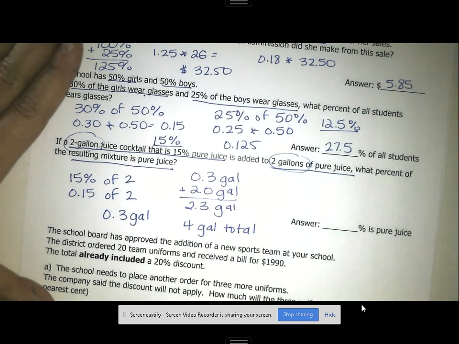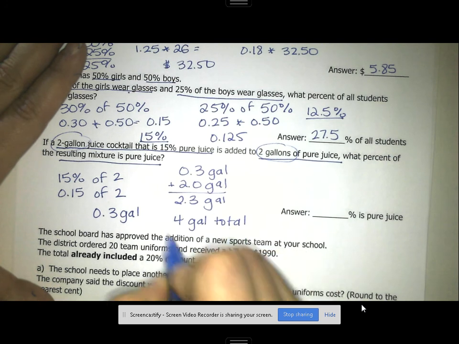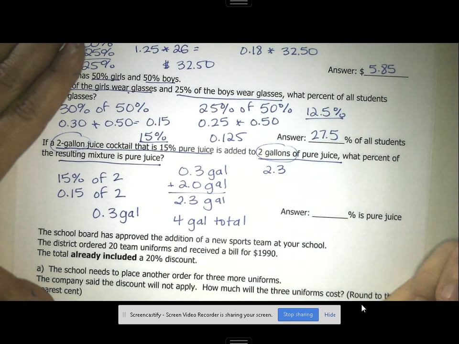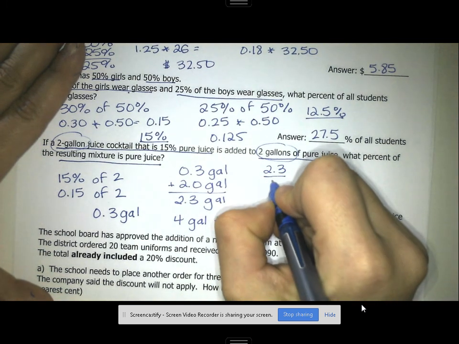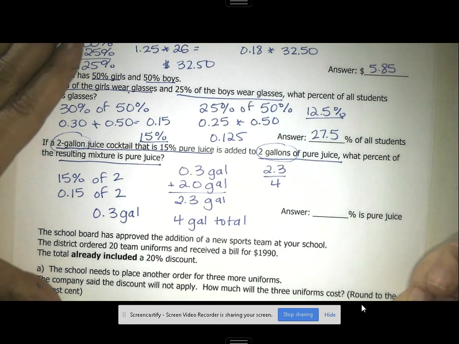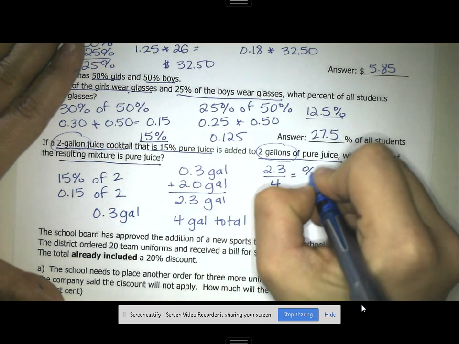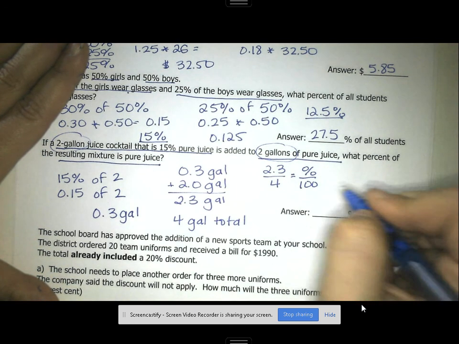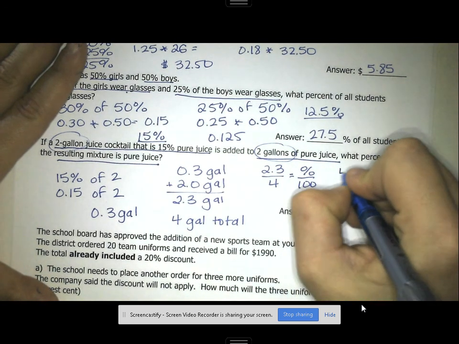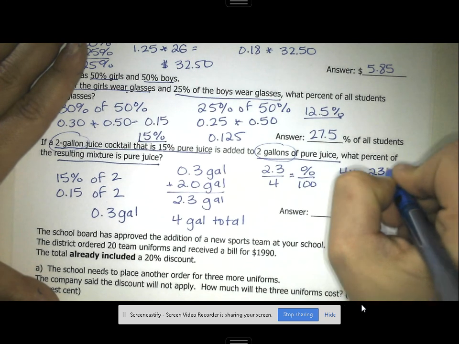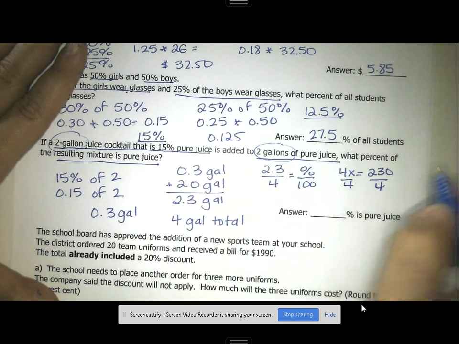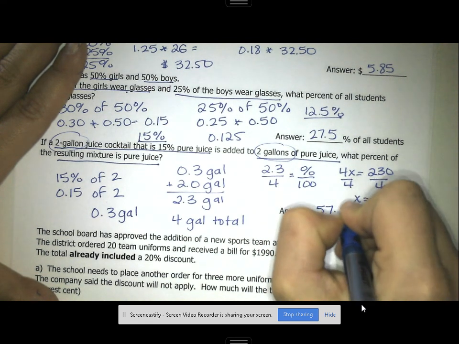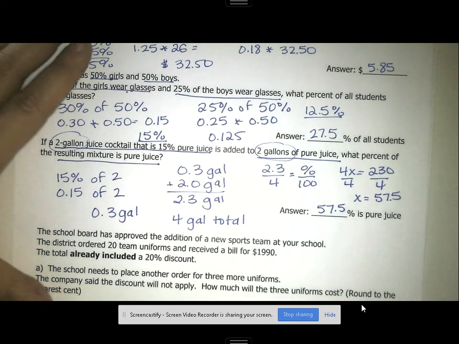So to find out what percent of this new mixture is pure juice, I'm going to say, okay, the part of it that is pure juice is 2.3 over the whole amount of gallons, which is 4 gallons. What percent is that over 100? And I'm going to cross multiply, and I'll get, let's see, 4x equals 230, divide by 4, divide by 4, x equals 57.5. So 57.5% of the new mixture is pure juice.